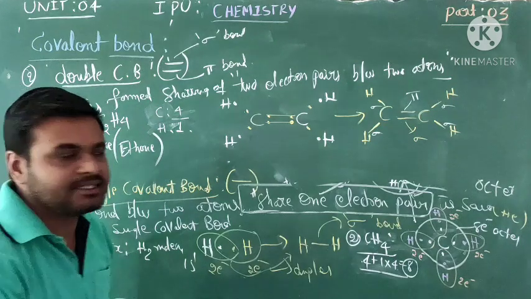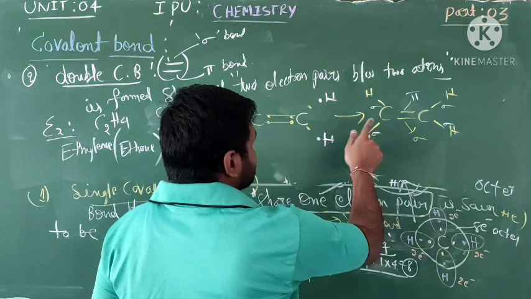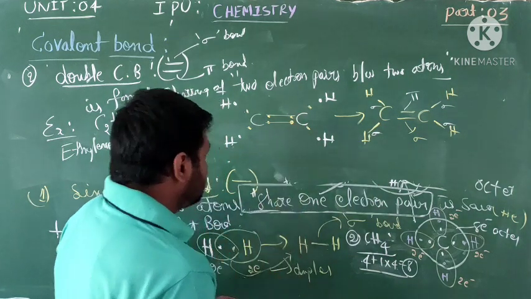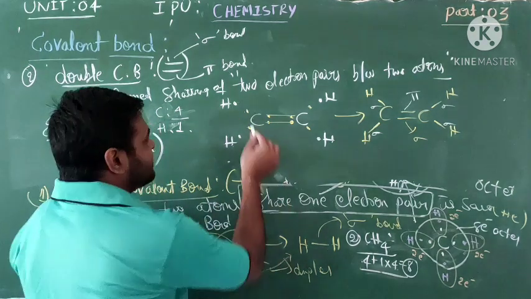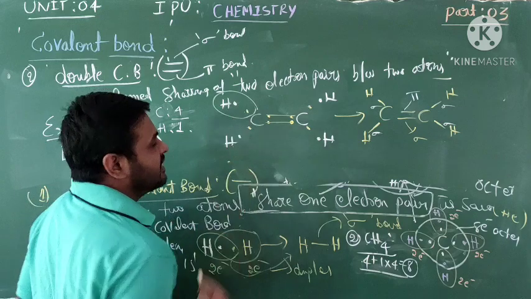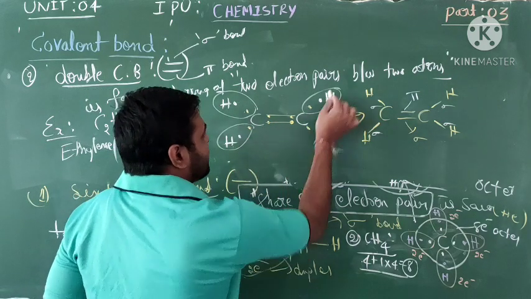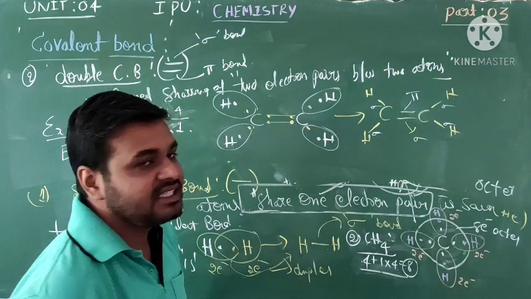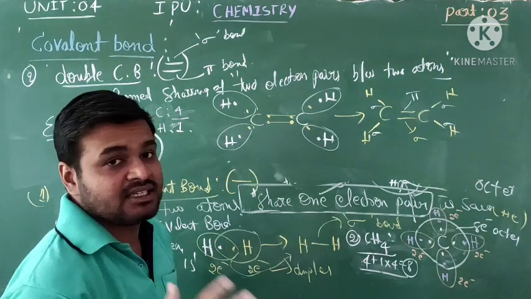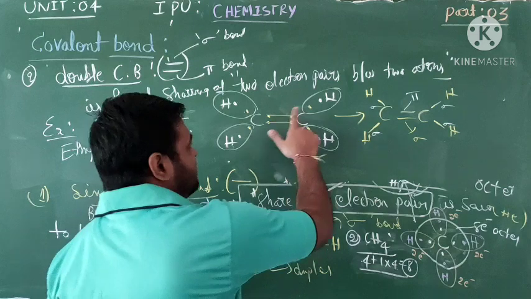Okay? Just observe: the hydrogen capacity is only 2 electrons, 1, 2. Each hydrogen has 2 electrons. But what is carbon's capacity? 8 electrons.